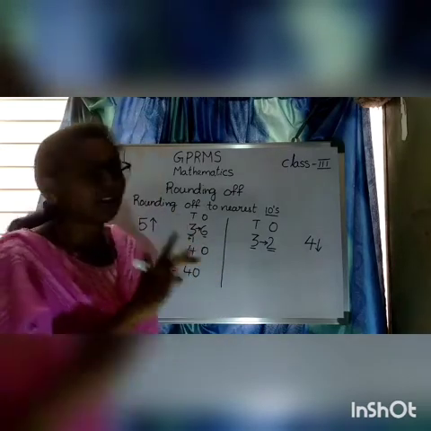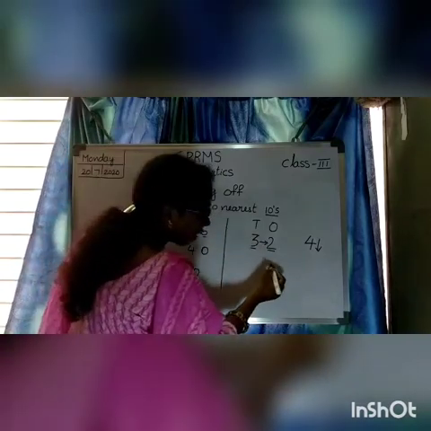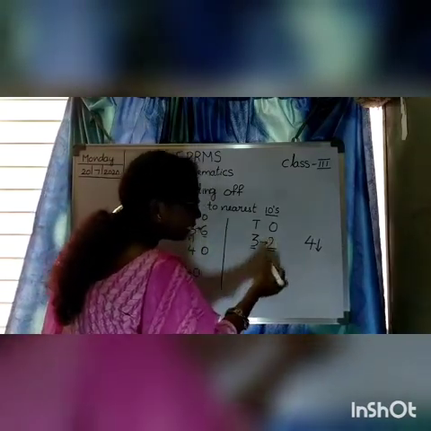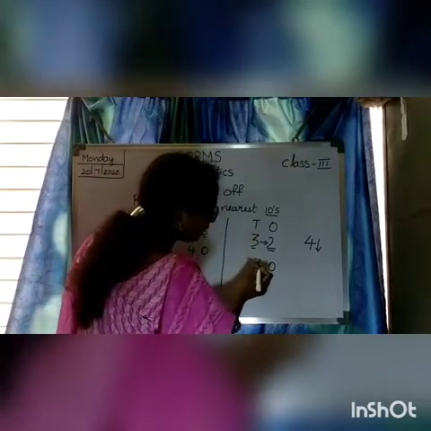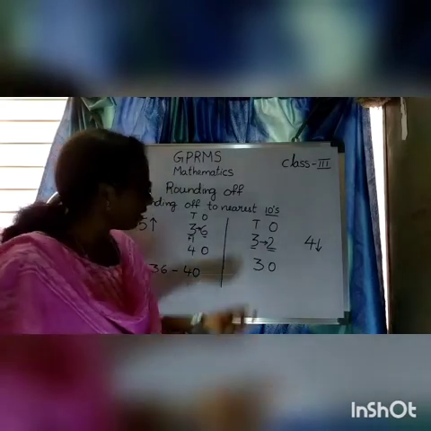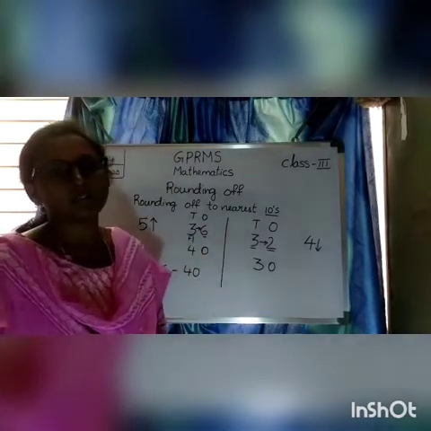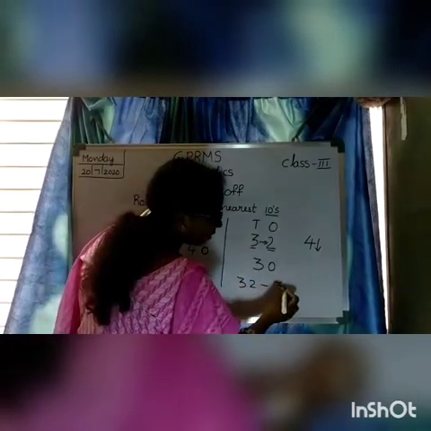If these digits are there in that particular place, here 2 is there, what will we do? We will keep 0 in that place, and the number in the tens place will remain as it is. That means here 3 is there, there also 3. So 32 is rounded off to 30.